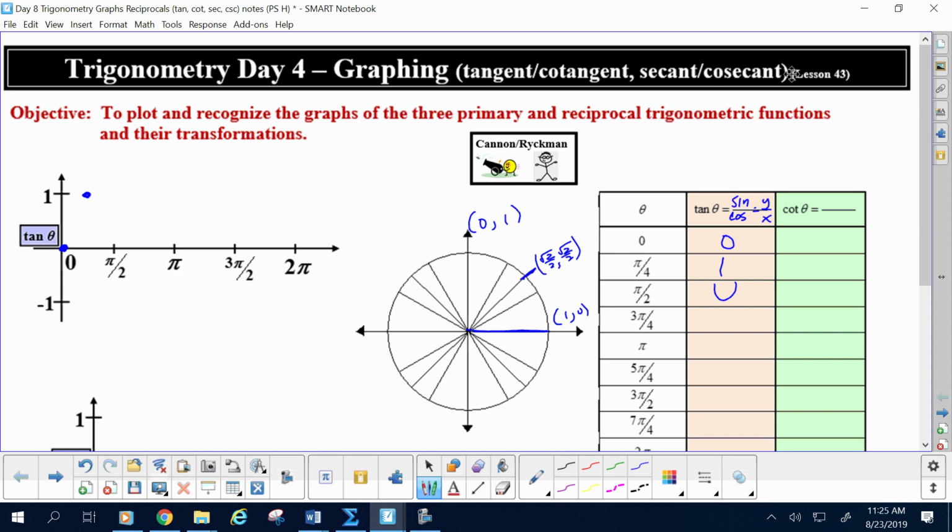I just told you that tangent is y over x. So would you look at what happens if I take the ratio of this blue side to this red side? At 45 degrees, isn't that equal to that, and so it's perfectly 1, right? What happens if I get closer to pi over 2?